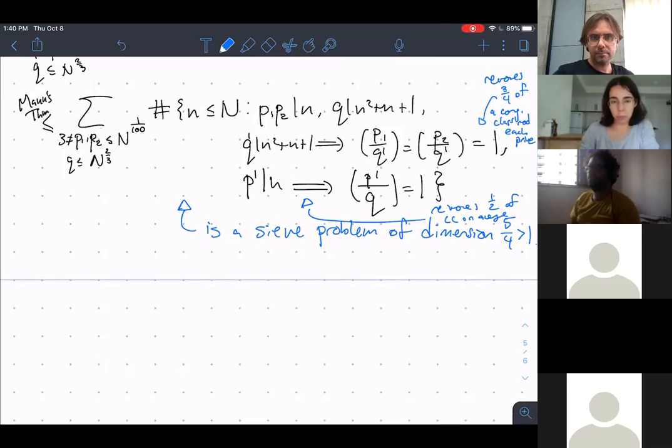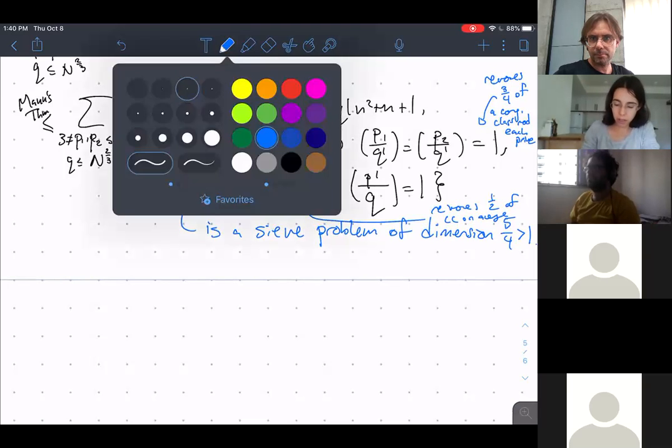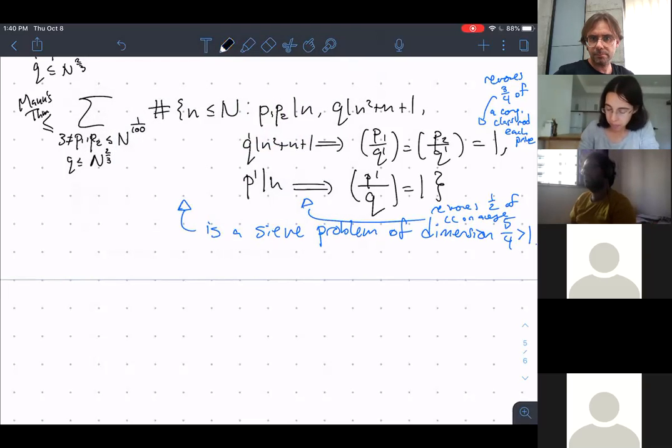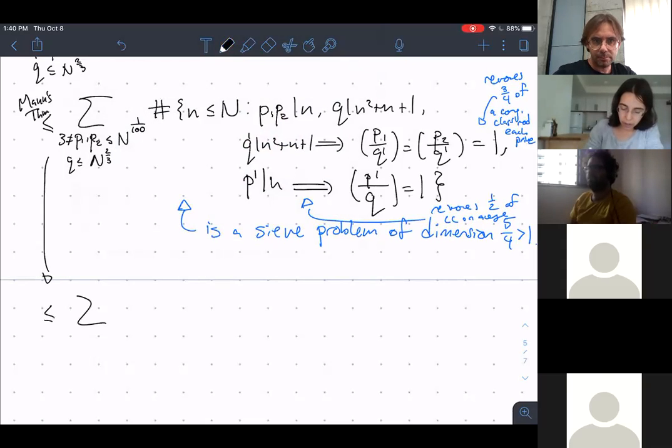So n and n squared plus n plus 1 are relatively prime, so these are always different primes. So since this is a sieve problem of dimension 5/4, you can use just the standard upper bound sieve to get that this is bounded above by the sum over the same things.